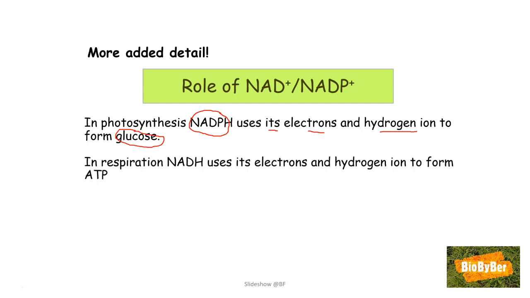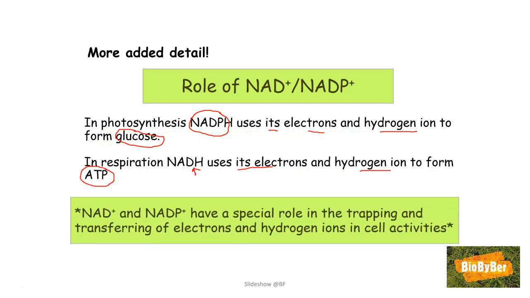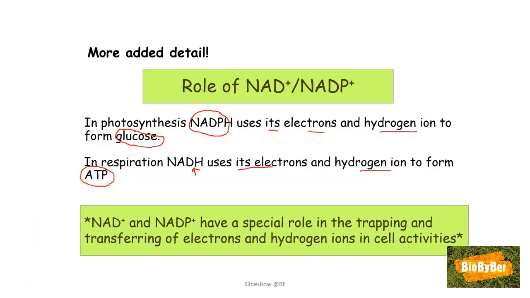In respiration, NADH, no P, notice, will use its 2 electrons and the proton to form what we call ATP, which we will just accept at face value at the moment. So in a nutshell, as we've already said, NAD+ and NADP+ have a special role in the trapping and transferring of electrons and hydrogen ions in cell activities.